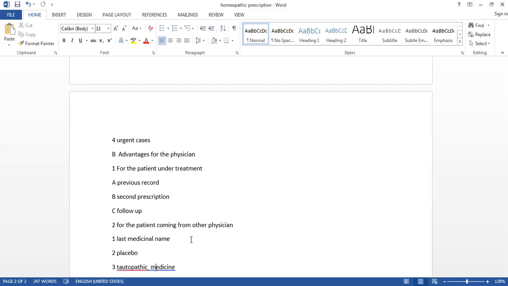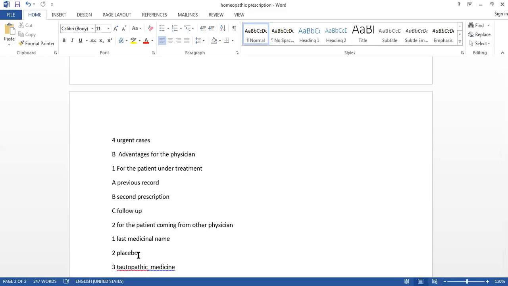Second thing is that if that patient is still in the action of that medicine, if the action of the medicine of that first prescription continues, then generally we give unmedicated globules, that is the placebo.